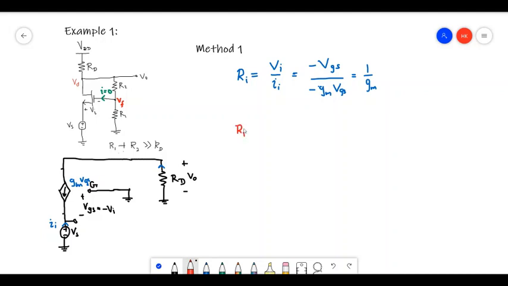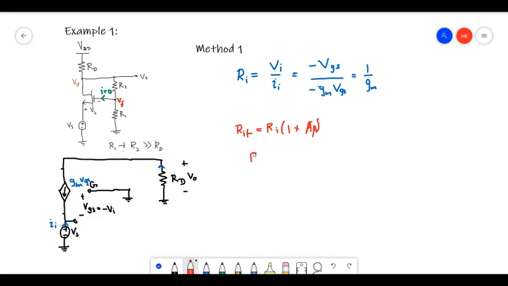If you can remember, we derived an expression for a voltage amplifier, which is Ri times 1 plus A beta. So we know A, we know beta, and we know Ri.